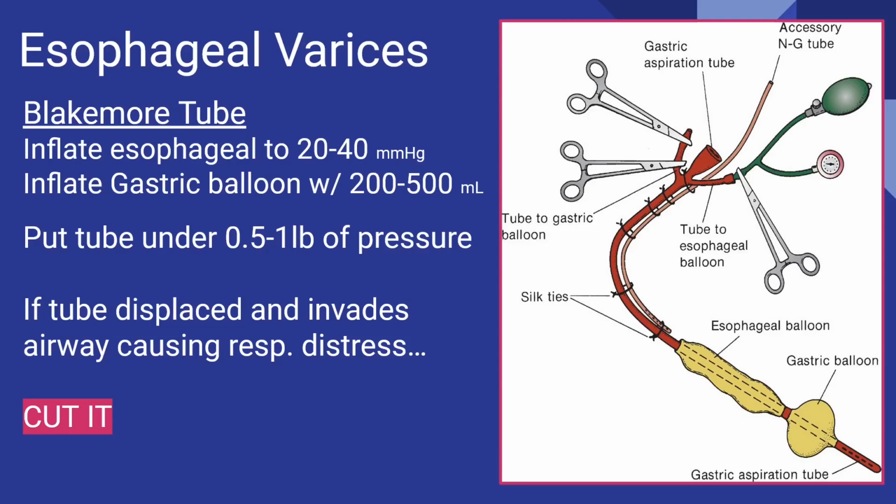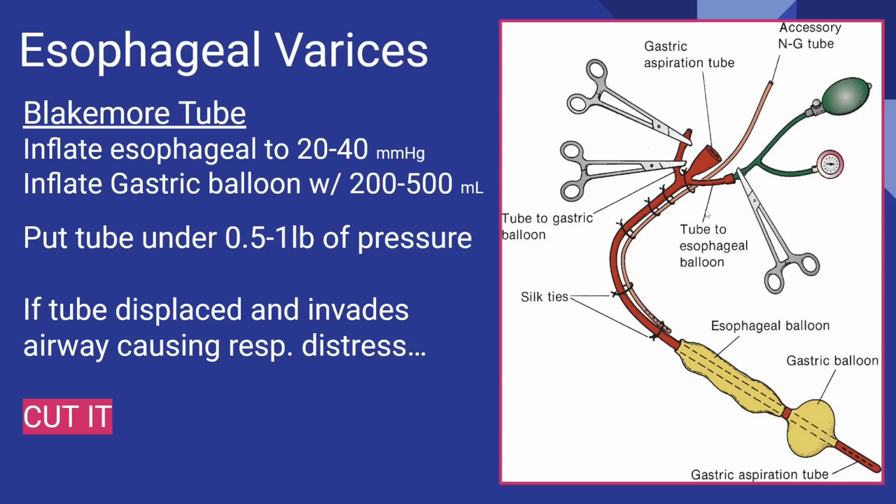Now, this is similar to the idea of a Foley. You know, if this balloon was in place and the patient was able to tug this, or if it migrated out, it could end up occluding the airway. So a big thing they're going to try to test you on with this is, do you have scissors at the bedside?